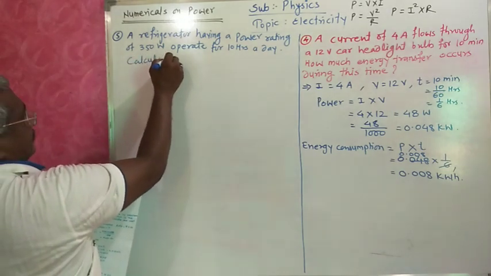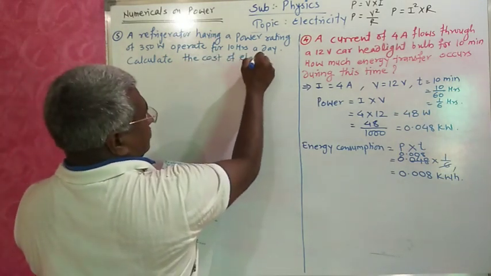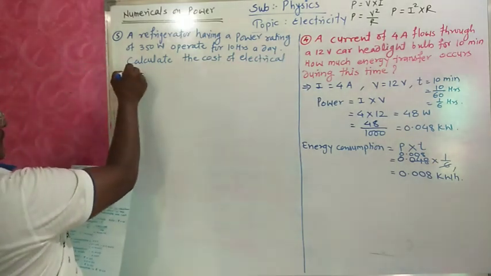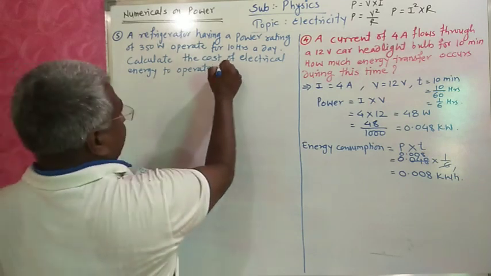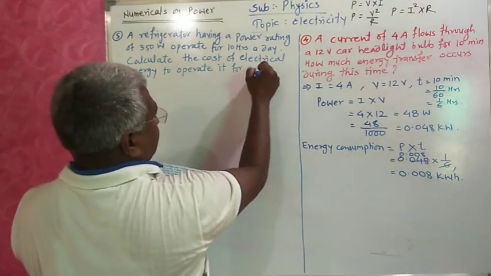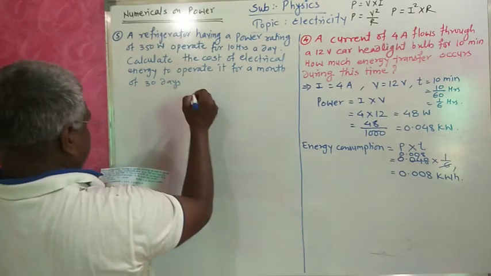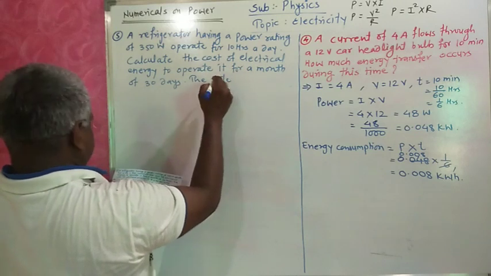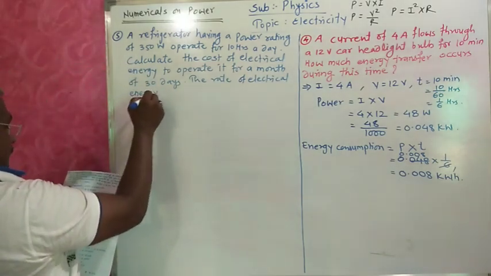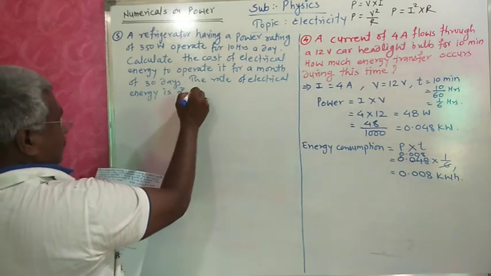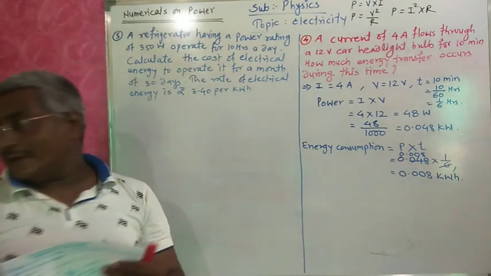Calculate the cost of electrical energy to operate it for a month of 30 days, if the rate of electrical energy is rupees 3.40 per kilowatt hour. So like that a question is there.